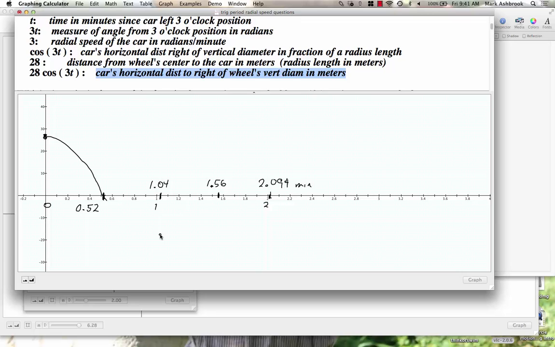Because the changes are getting more negative. With each time step, the changes get more negative, so the rate of change is decreasing. Okay, then the second quarter circle. Here we are at the top. The horizontal distance goes from 0 to negative 28. So at halfway in the cycle, we're at negative 28.